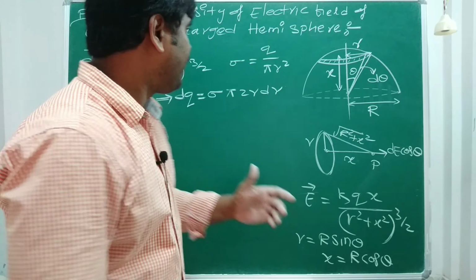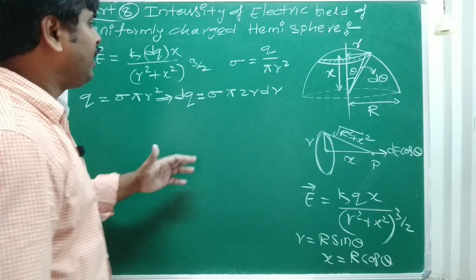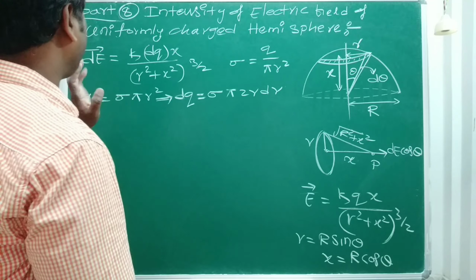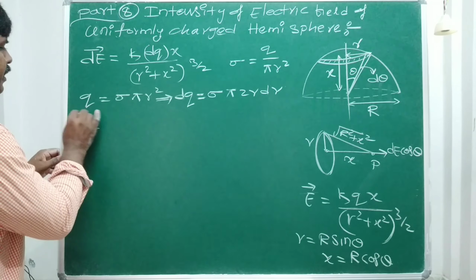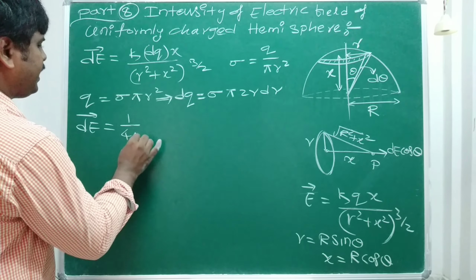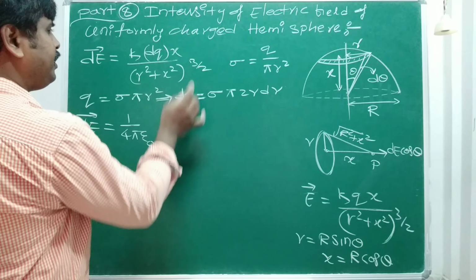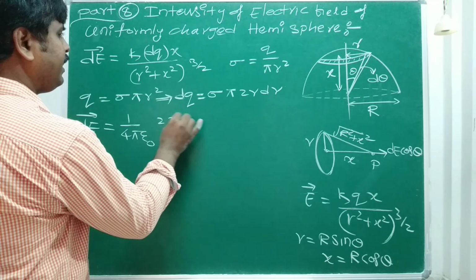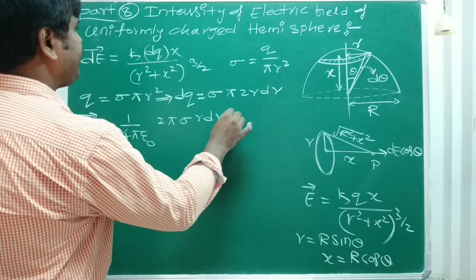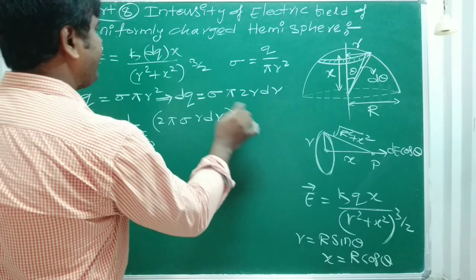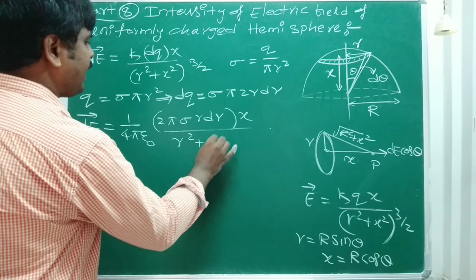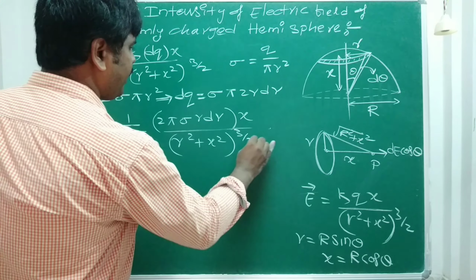The values we are replacing in the equation while replacing the dq value. First I want to replace dq. So here dE bar is equal to, okay, k value is 1/4 pi epsilon naught. The dq value is 2 pi sigma into r into dr, into x divided by r square plus x square whole to the power of 3 by 2.